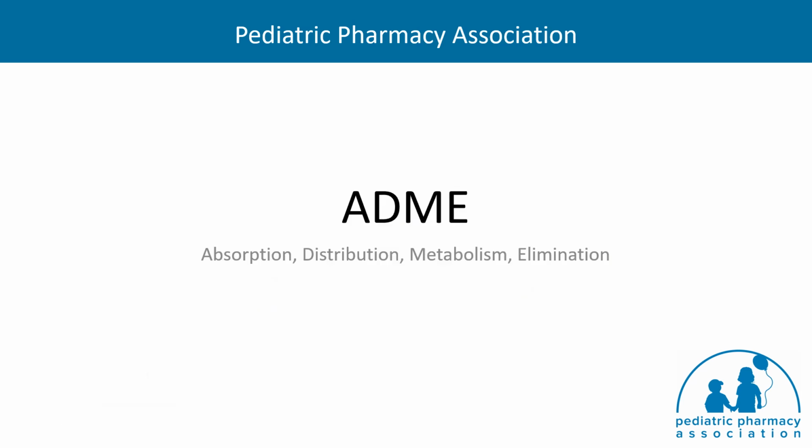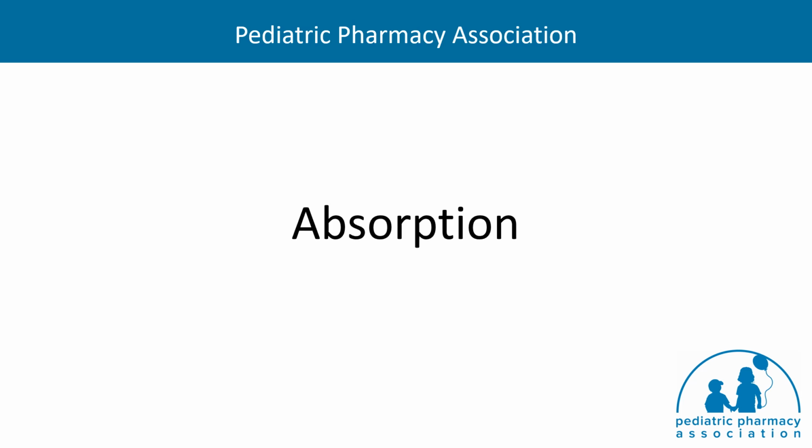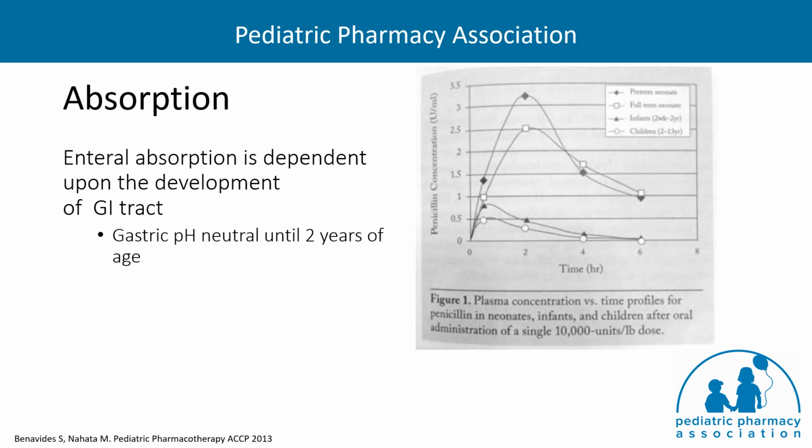Let's take a deeper look at absorption, distribution, metabolism, and elimination during the pediatric period. We'll start with absorption. Enteral absorption is dependent upon the development of the GI tract and is affected by the length of the small and large intestines and the gastric pH.